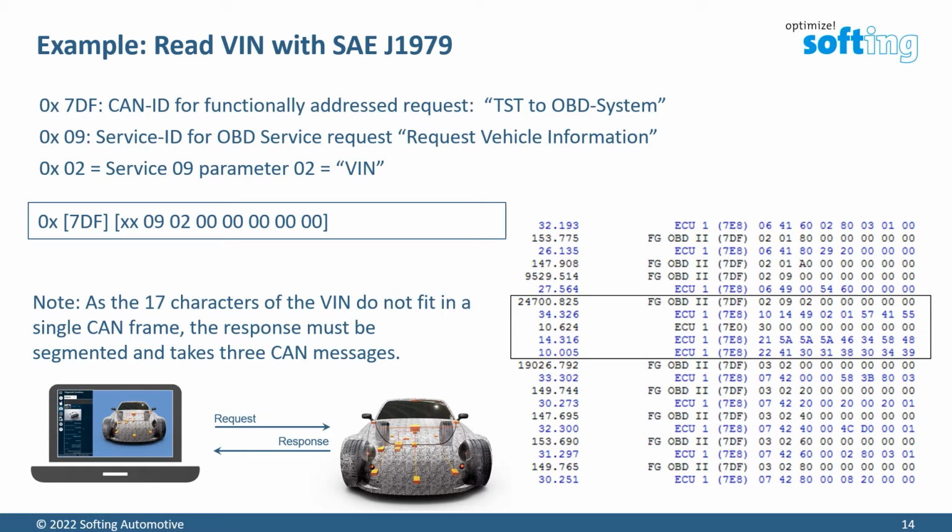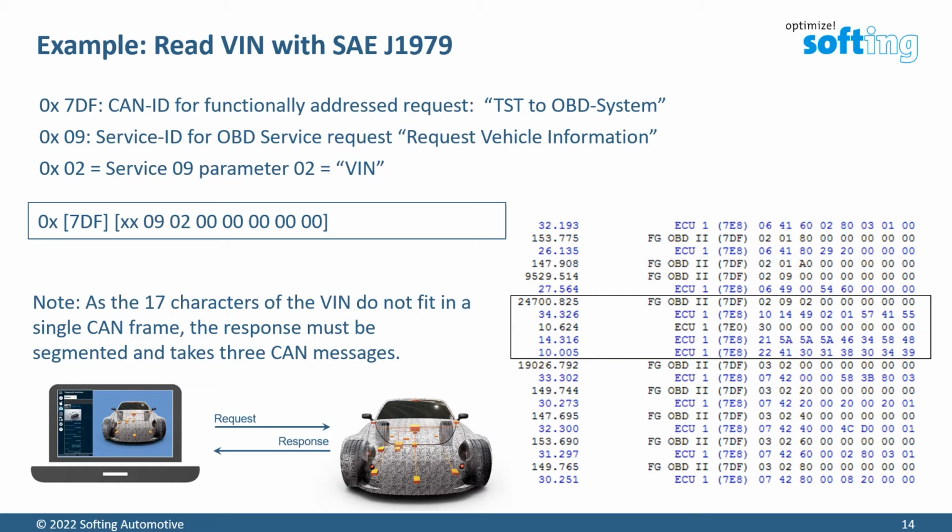The CAN ID for functionally addressed requests, for example TST to OBD system, is 7DF. As part of the CAN payload, we put the service identifier of the OBD service request. In this example, the request vehicle information service with the service identifier 09.